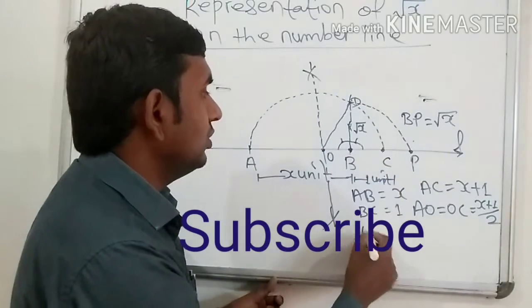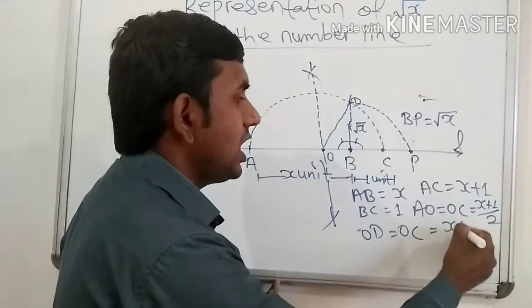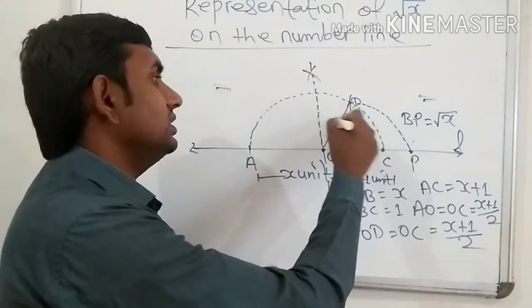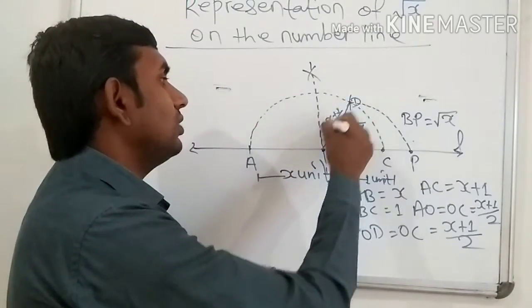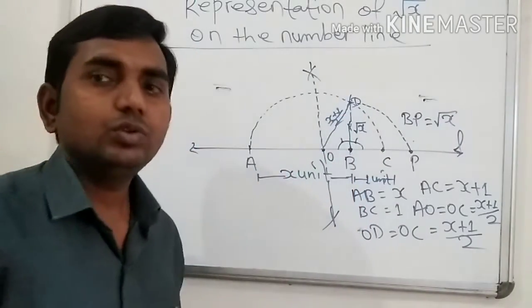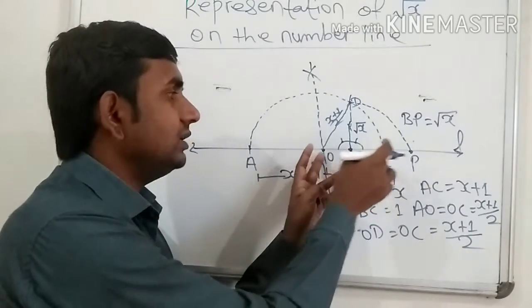So we write OD is equal to OC is equal to x plus 1 by 2. Here we have to find OB. We have BC and OC.